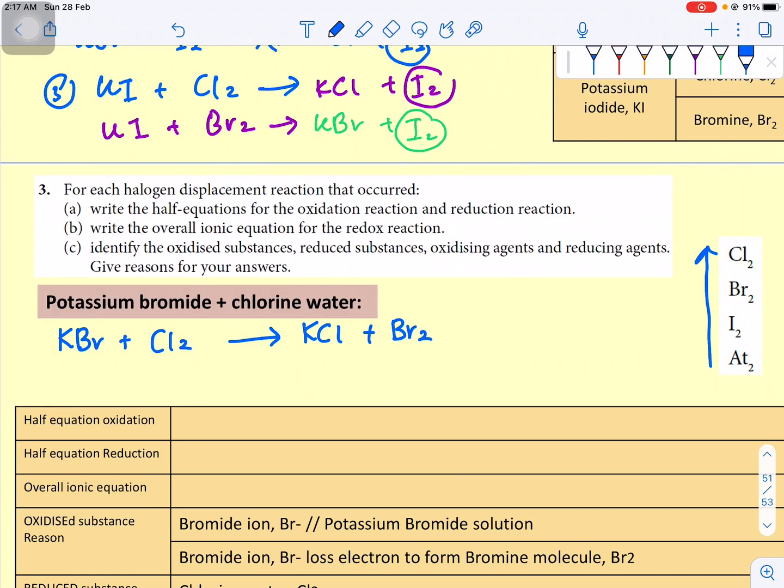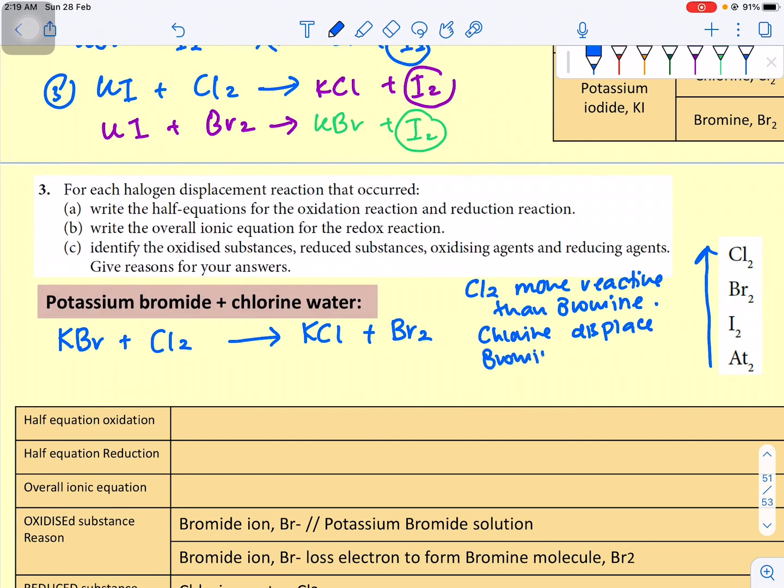So apa yang berlaku di sini? Cl2 chlorine is more reactive than bromine, not bromide, bromine. So chlorine displace bromine from potassium bromide.